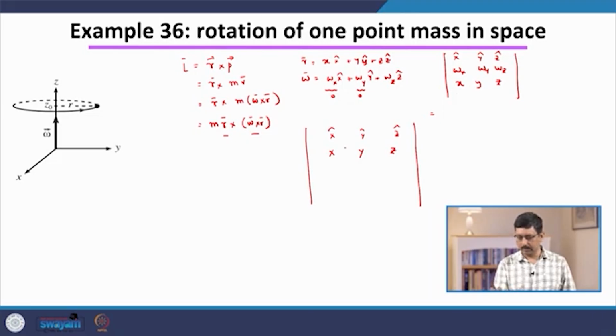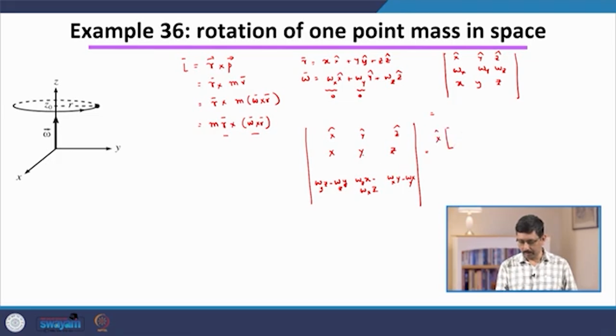So, the x component will be omega y z minus omega z y. Y component will be omega z x minus omega x z, and z component will be omega x y minus omega y x. So, let us write down the first component.